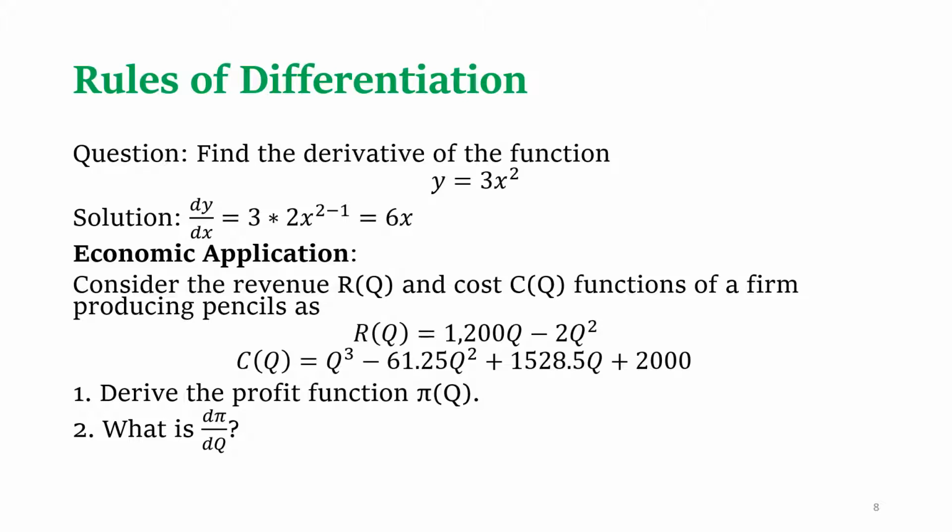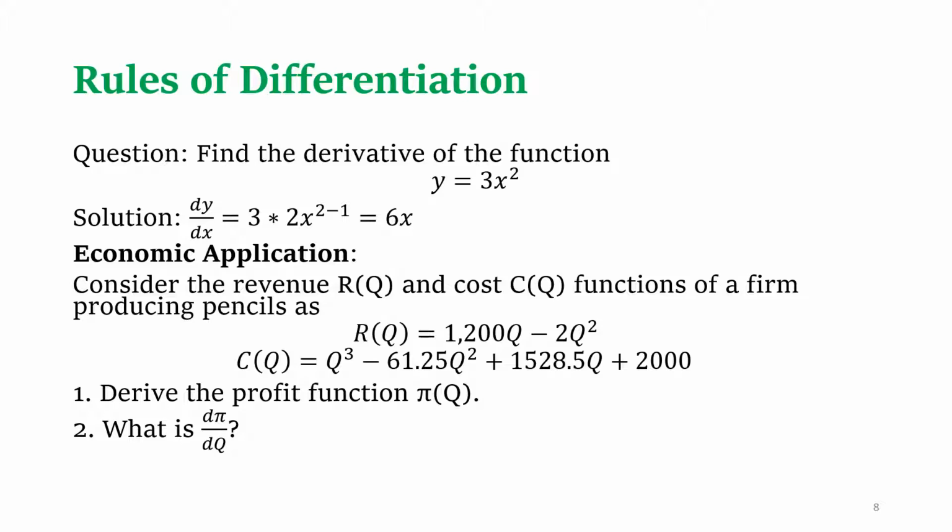Then I get my total cost. Now the difference between the total revenue and the total cost is the profit. So profit is just revenue minus cost, right?